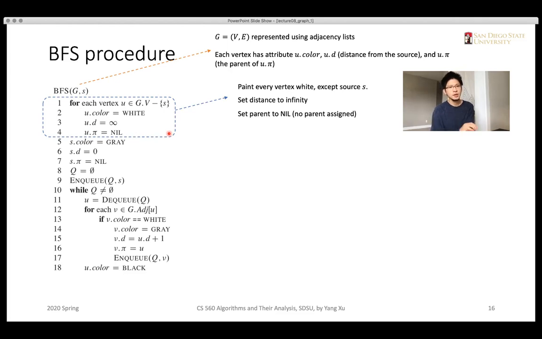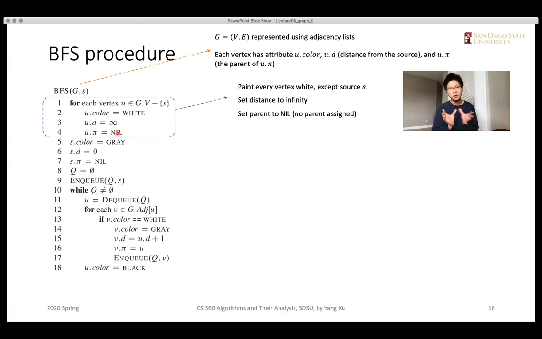It iterates over all the vertices except for the starting vertex, because we're already there. It paints all the vertices within this for loop white, sets the distance to infinity, and their parent node to none.